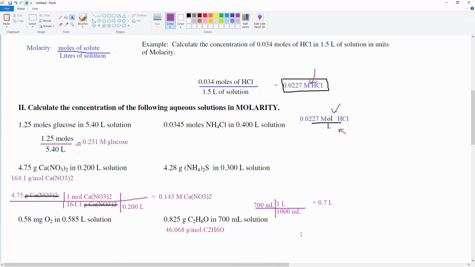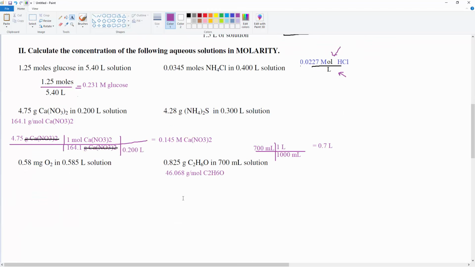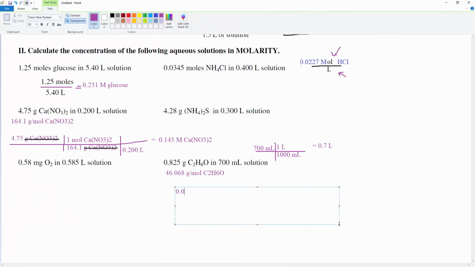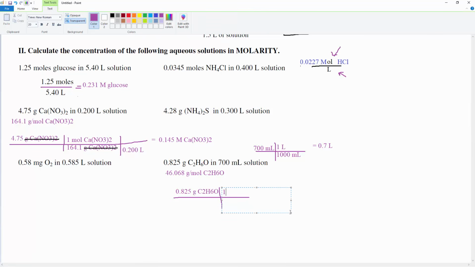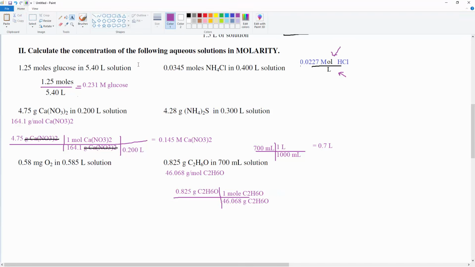Okay. Now, Sarah says, starting with what I was given, 0.825 grams C2H6O. And we're going to say 1 mole of C2H6O has got 46.068 grams C2H6O. C2H6O, that's drinking alcohol, by the way, ethyl alcohol.